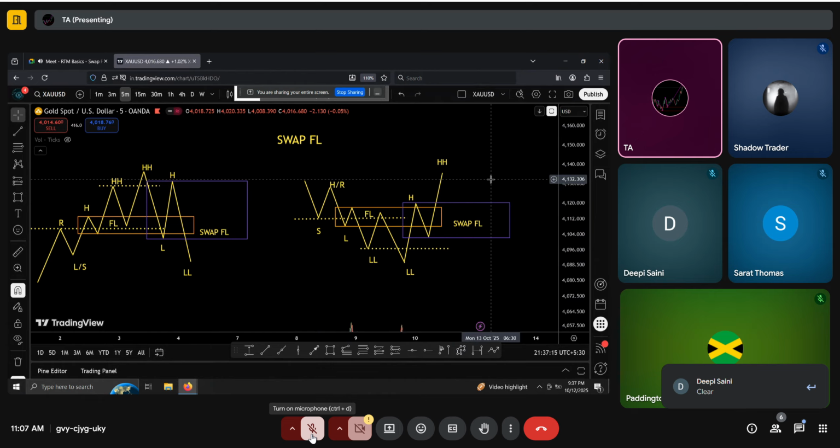So now we will start to learn about DP, decision points. So what are the decision points? Decision points are the places where market movers make the decision to break a level, right?